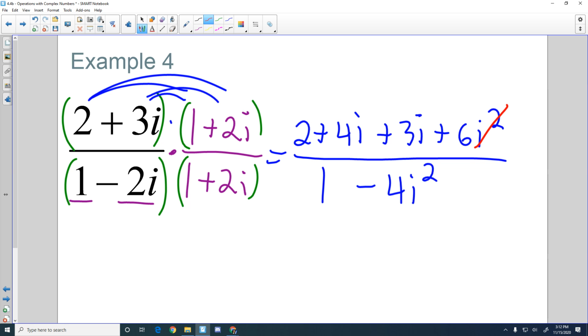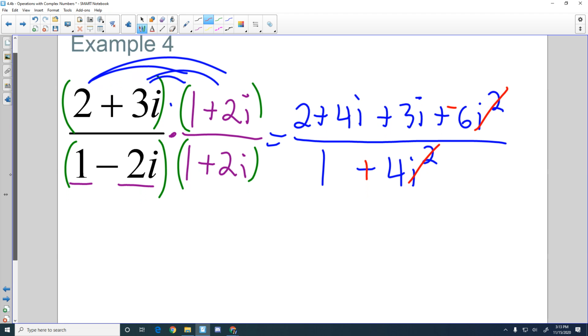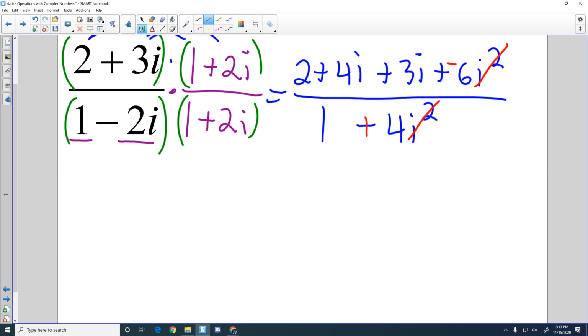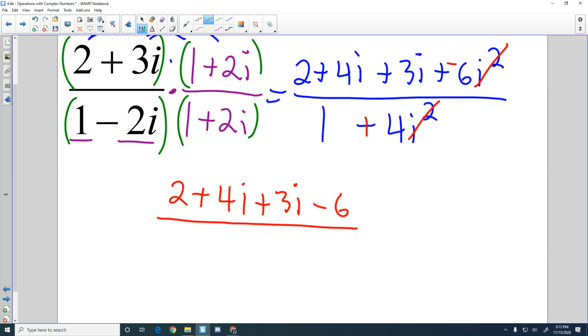So this i squared changes this last term into a negative 6. In the denominator, that i squared turns the negative 4 into a positive 4. So here's what this is going to look like now. 2 plus 4i plus 3i minus 6 over 1 plus 4.